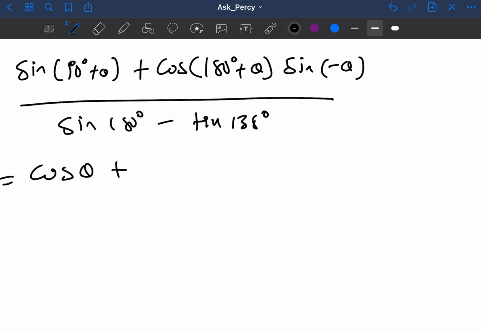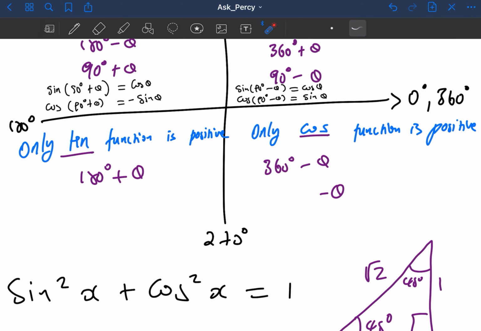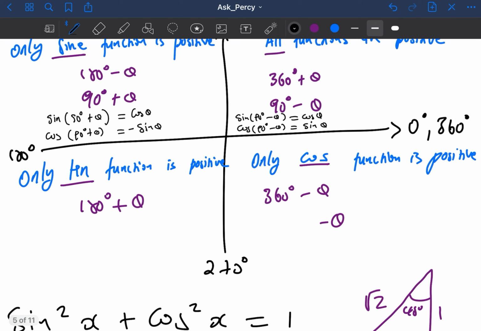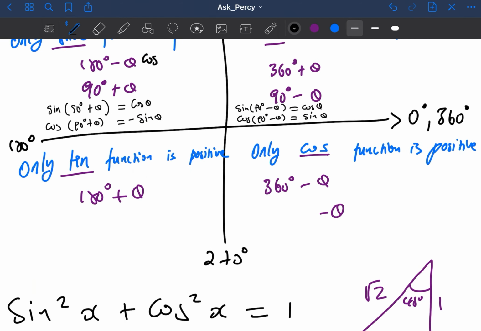Now, how do you simplify cos of 180 plus theta? You do the same thing on your sheets. We're looking at cos of 180 plus theta, so we can look at this one first. Let me zoom in, make it smaller.